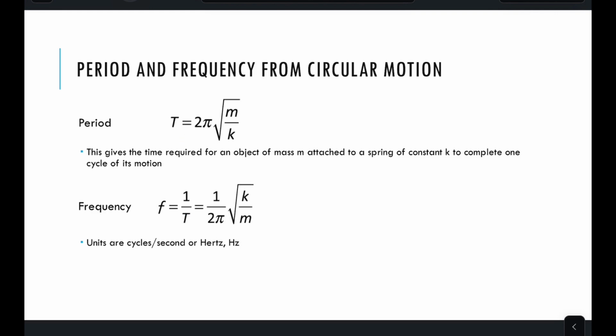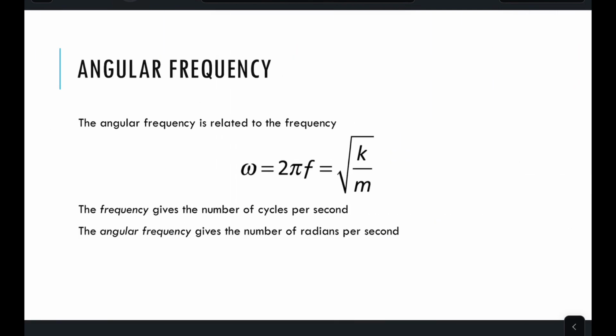So when T is equivalent to 2 pi square root m over k, to get the frequency we take 1 over the whole thing. So we have f equals 1 over 2 pi square root k over m. Then the angular frequency omega, involved in the turntable situation just now, is equivalent to 2 pi f or 2 pi over T, which is equivalent to square root k over m.